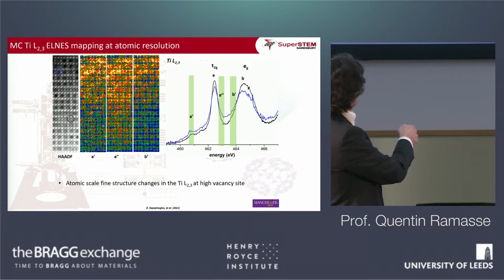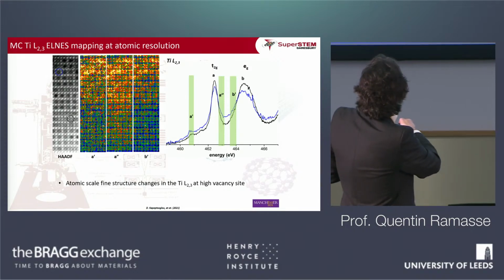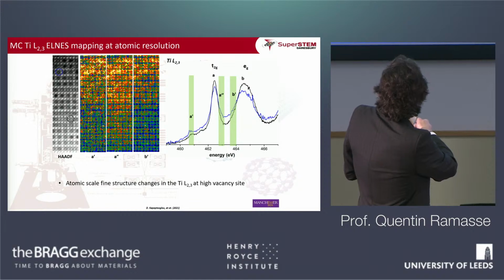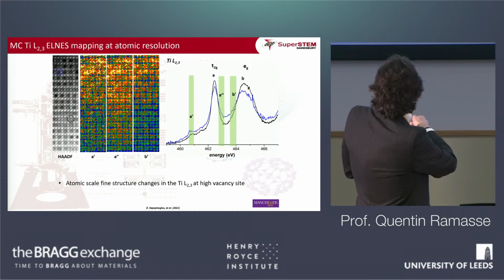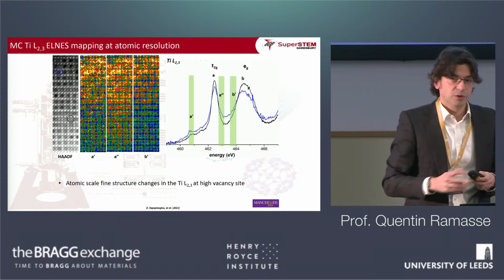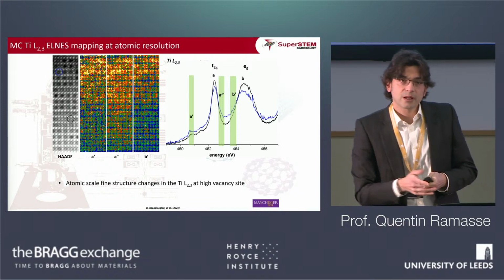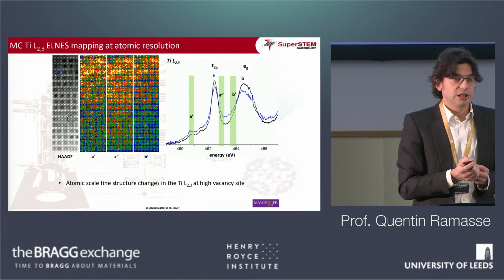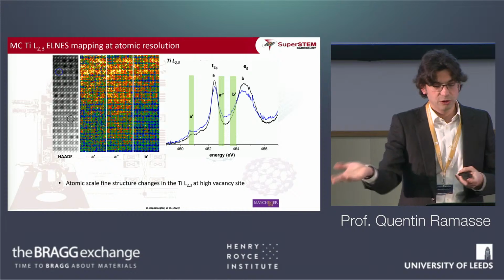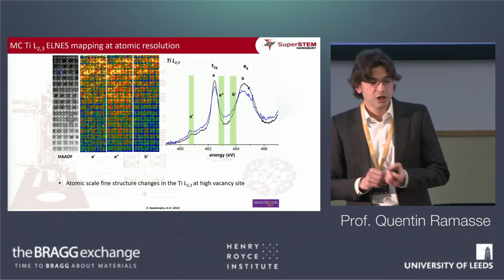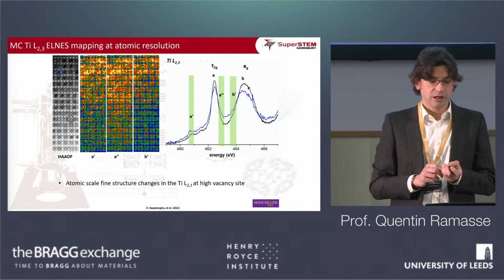And you create maps like this that show you in particular where all the titanium columns are located, positions where there's more titanium, positions where there's less titanium. If you go one step further, you can also look at what is called the fine structure, and I'll go into a little bit more detail about this in a minute, just to start relating everything together.